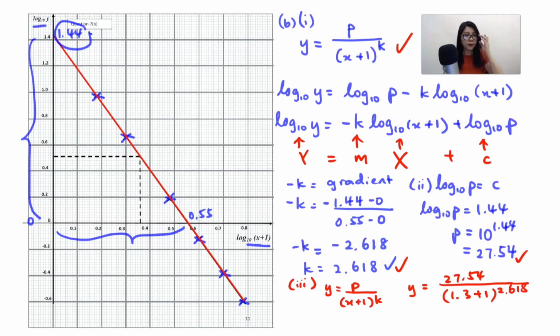Okay, then after that, let's calculate this. This is when x is equals to 1.3. So 1.3 plus 1, after that I power 2.618. And then with the answer, I use 27.54 divided by the answer. Okay, so I will get 3.11. Just give your answer in 2 decimal places, and that will be the final answer.